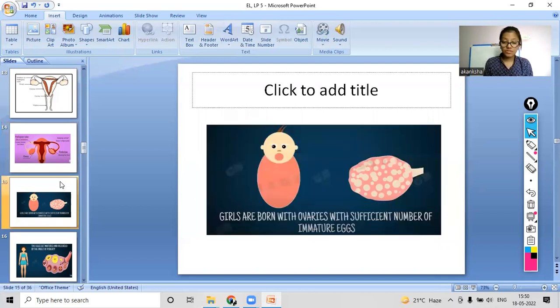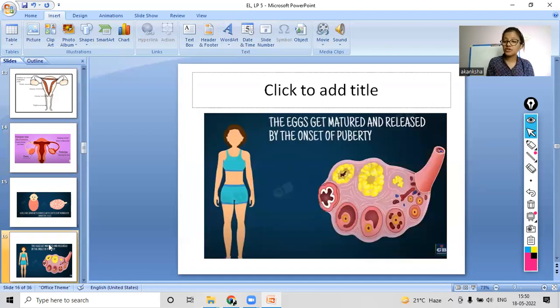So in this picture, what you can see is girls are born with ovaries with a sufficient number of immature eggs, right? Then the eggs get matured and are released one by one when puberty happens. Now you can see the whole process.